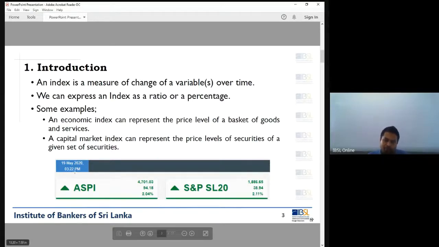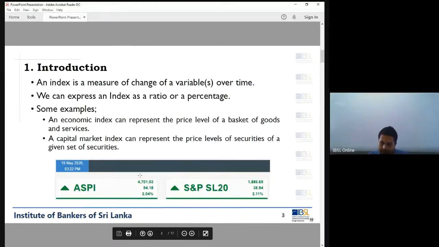I've taken this All Share Price Index from the Colombo Stock Exchange website. This 2.04% is the change from the previous day to the current day. A similar explanation applies to the S&P SL20. The only difference between these two indices is that the All Share Price Index comprises all the securities, and the SL20 index comprises only 20 highly liquid securities.